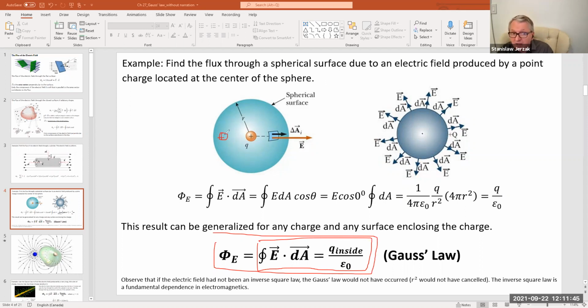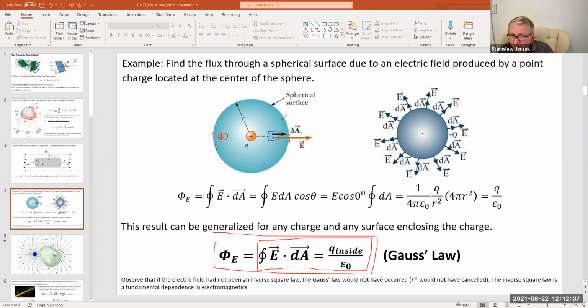Although you see, if the charge is not at the center, the electric field maybe at this point on the surface, close to that charge here, would be strong, and maybe here at this point far away from the charge, electric field would be weaker.